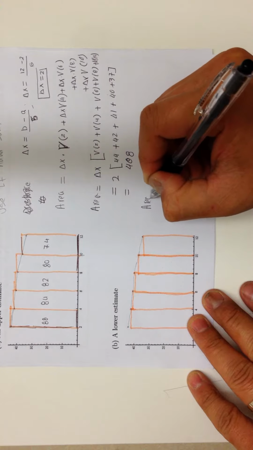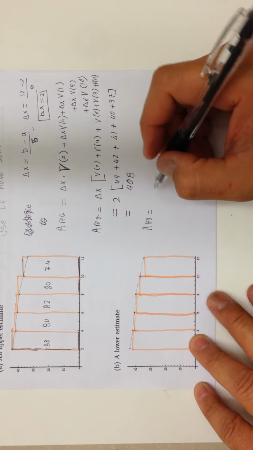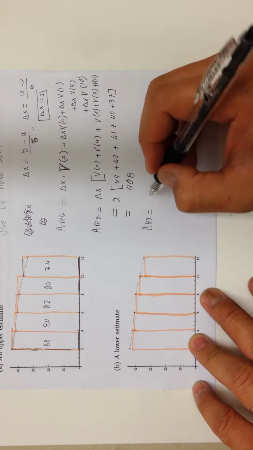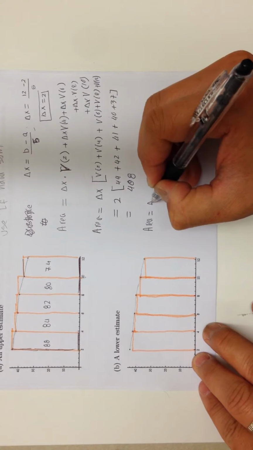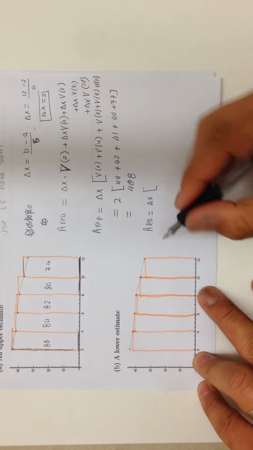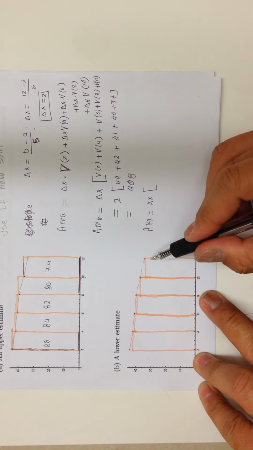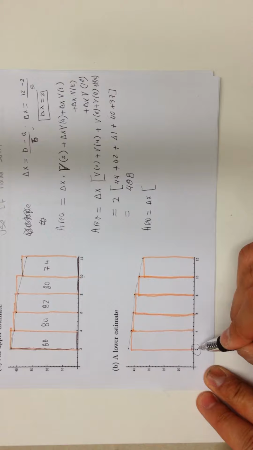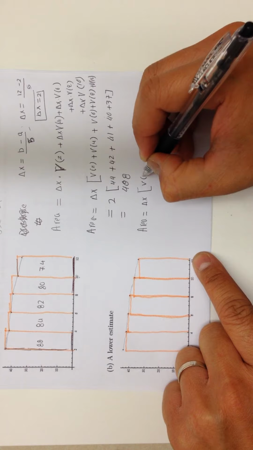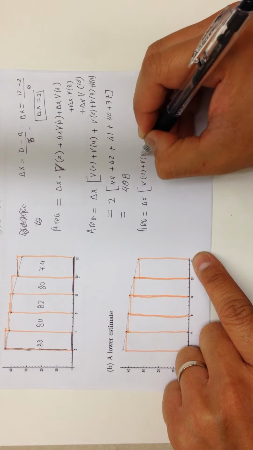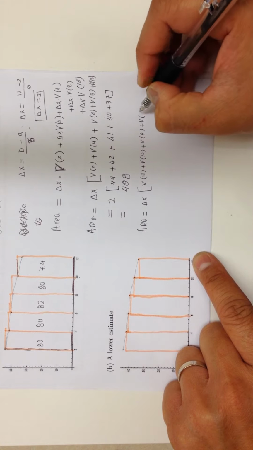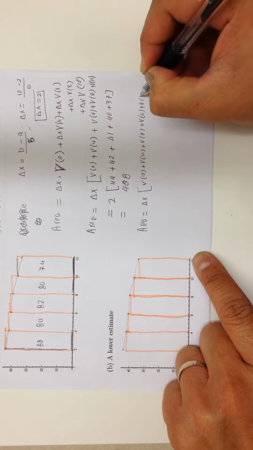Area is, remember that we're taking the change in x, which is, let me once again write that, the change in x times, for a right-hand approximation, basically you're leaving out the first guy. So this first guy will be left out. So it's basically v of 12 plus v of 10 plus v of 8 plus v of 6 plus v of 4.